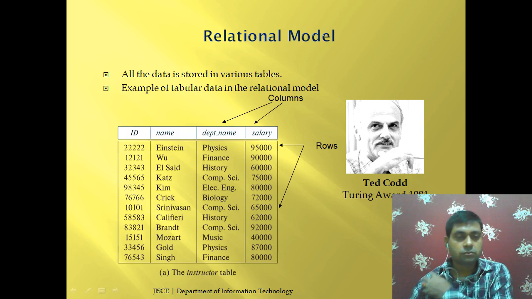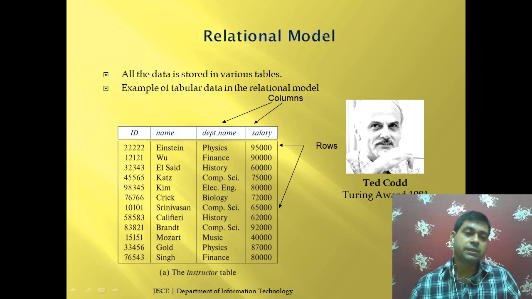Now we talk about data model. After the legacy system was over in 1970, that is the network model and later the hierarchical model, these two models became outdated, so a new model came into picture, that is called the relational model.